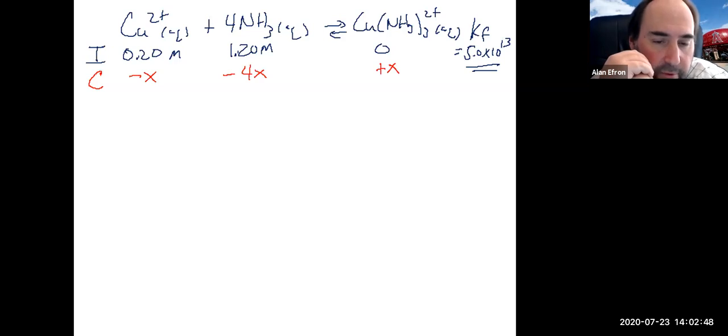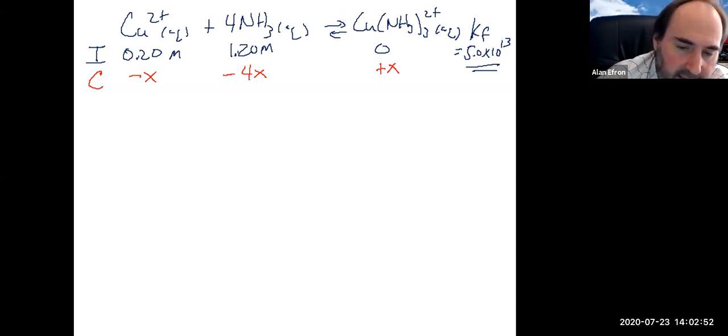That means pretty much this entire reaction, even though it is a reversible reaction, is pretty much 100% heading in that direction towards our product side.